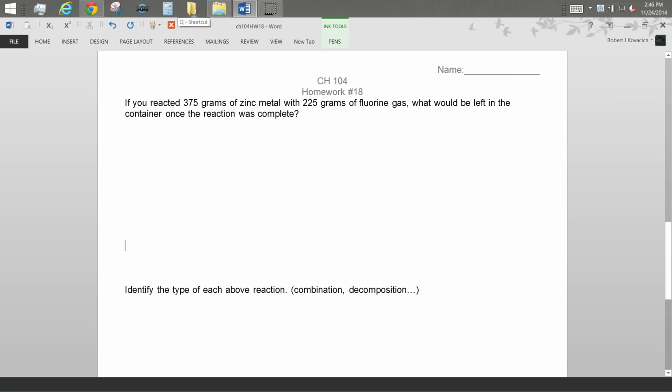All right, so what's the reaction look like? Zn plus F2 gives ZnF2. That's easy. States? Zinc's a solid, fluorine's a gas. Why is zinc fluoride a solid? There's no water.